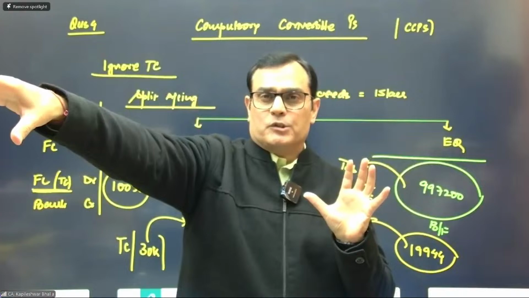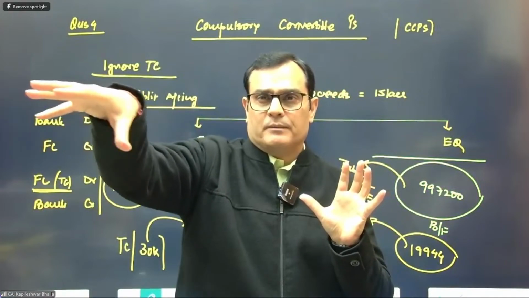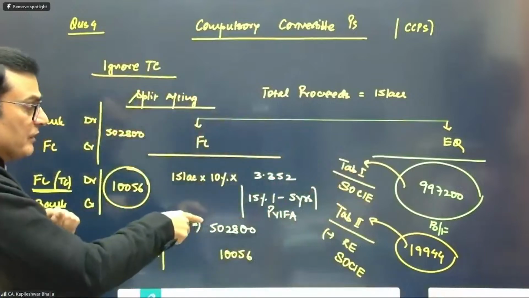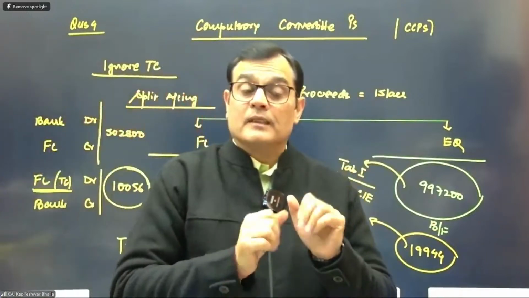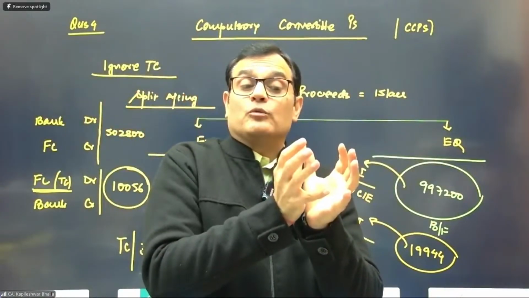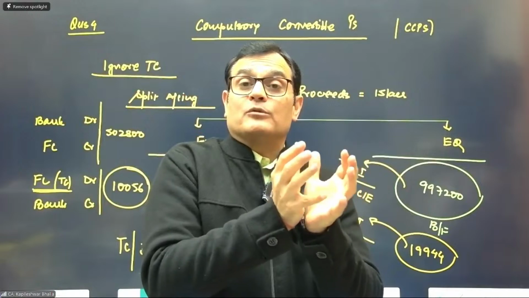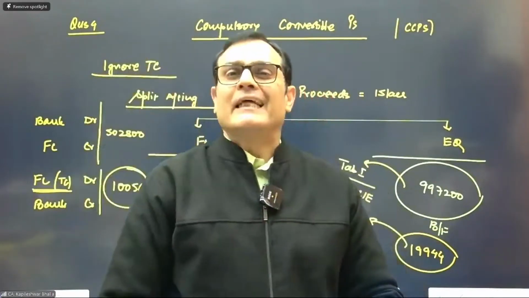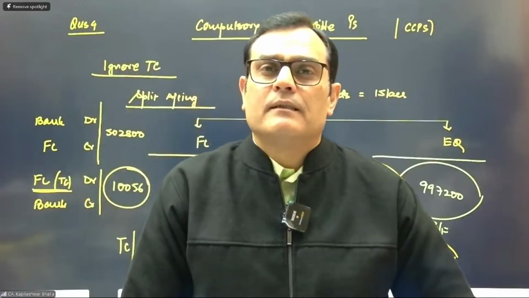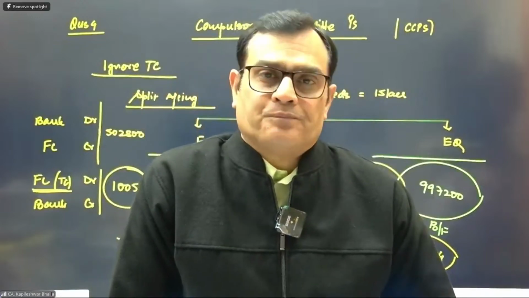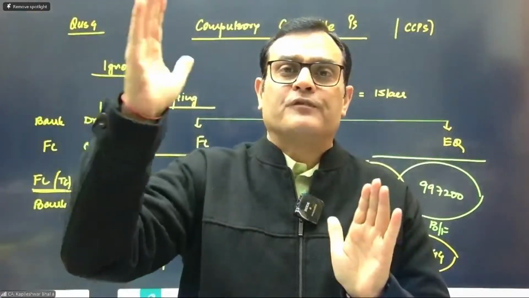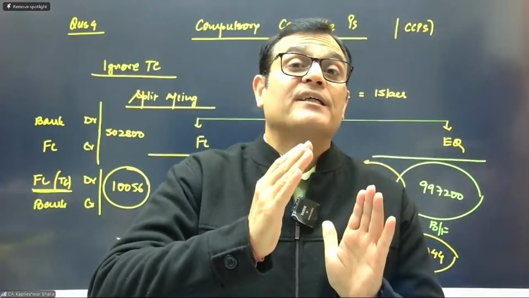You're saying the dividends which you're going to receive, let's discount them at 15%. You get a figure. And what is that figure? The figure is 502,800. Now, suddenly from this 502,800, you reduce the amount of TC. Will you be able to compound this net figure at 15%? The answer is no. In this particular case, if you discounted at 15, you got 502,800.